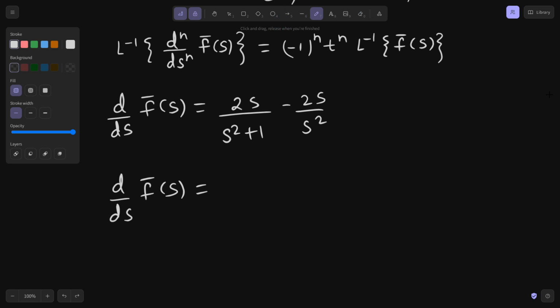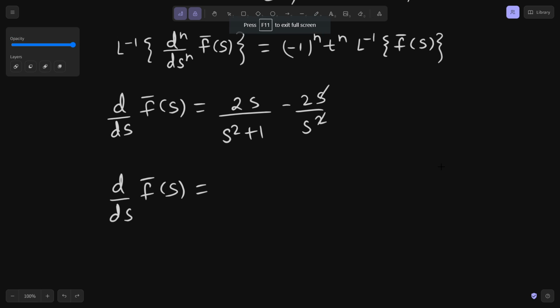Rather, just find the inverse Laplace of s/(s² + 1), and the other term is nothing but 1/s, so that you can also find the inverse Laplace of. So finding the individual inverse Laplace is easy. That means after doing the first derivative, we get something in the RHS which can be calculated easily.